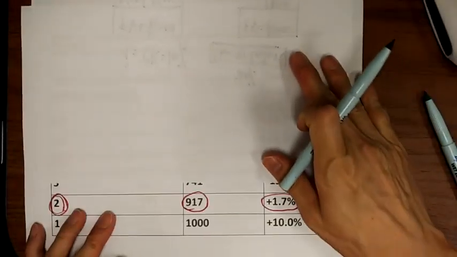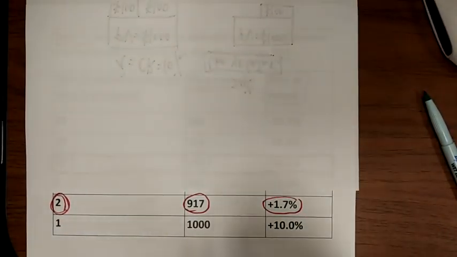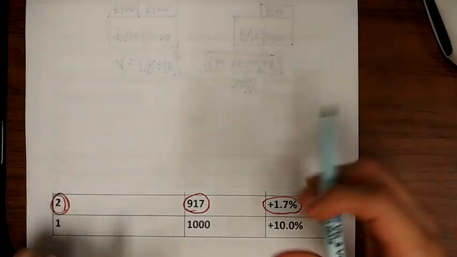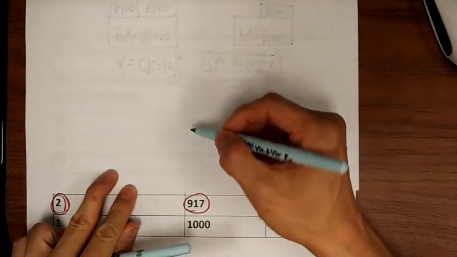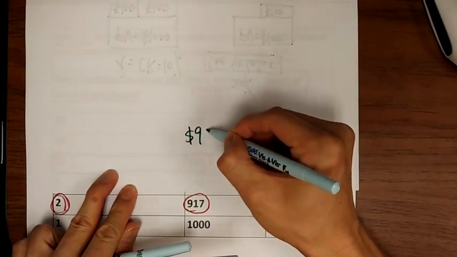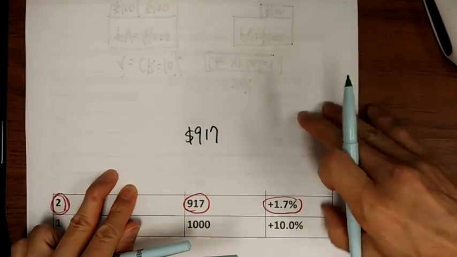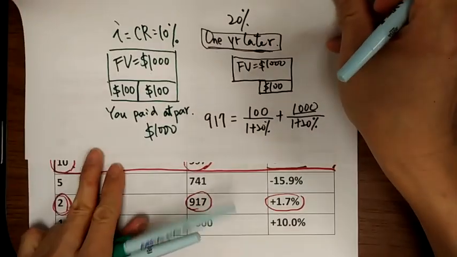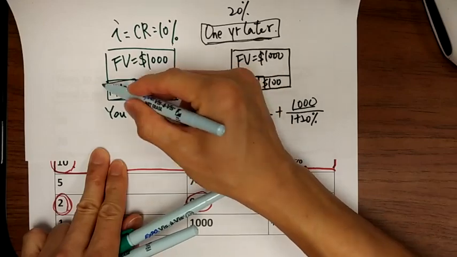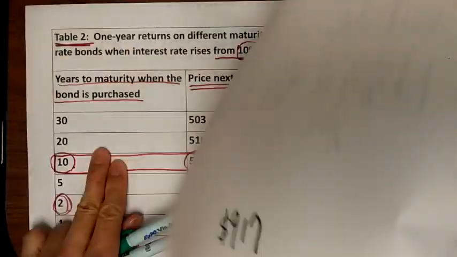Then what is your rate of return? The answer is you get $917, but you also get this coupon, $100.